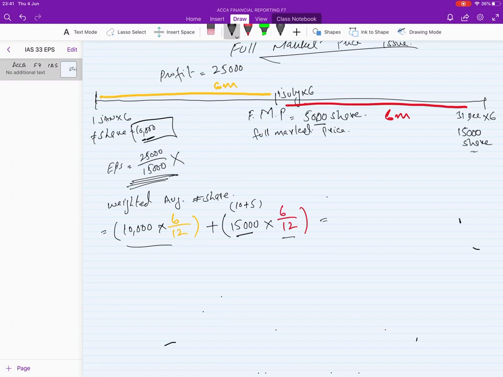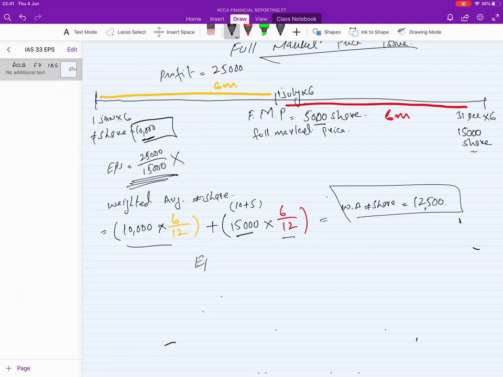If you calculate this fraction, you will get the weighted average number of shares, which is 12,500.